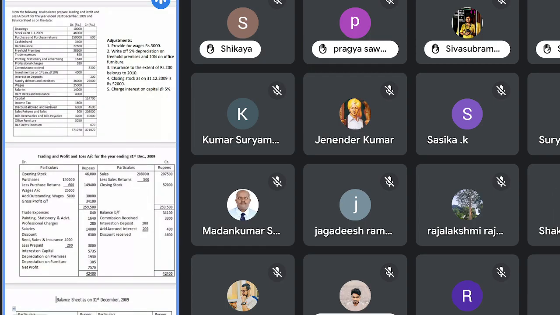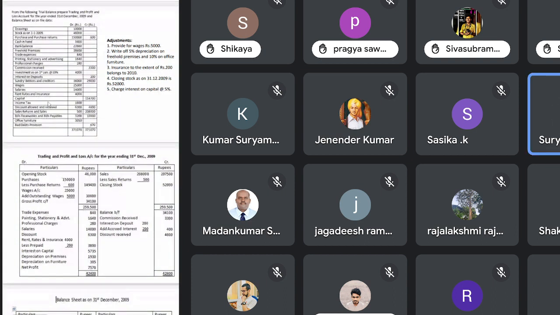See here, outstanding wages given is 5,000. So 25,000, if it is outstanding, you have to add. If it is prepaid expenditure, you have to deduct. Outstanding wages you have to add, and prepaid, if it is given, you have to deduct it. So wages are 25,000 plus outstanding.